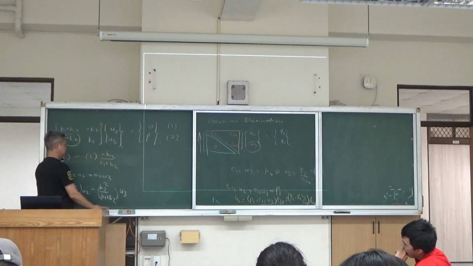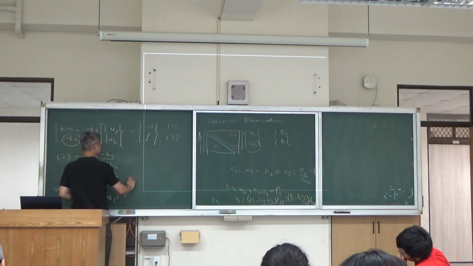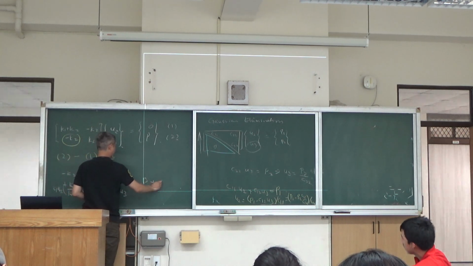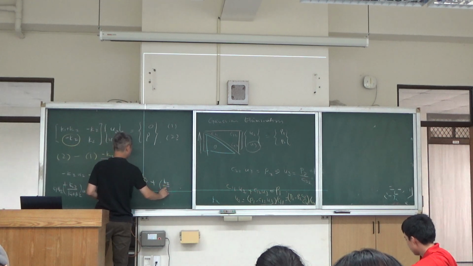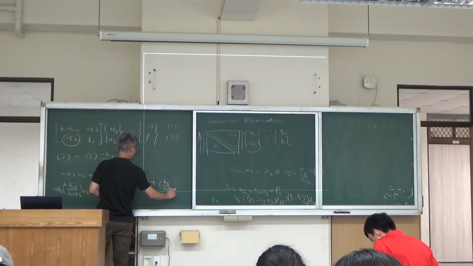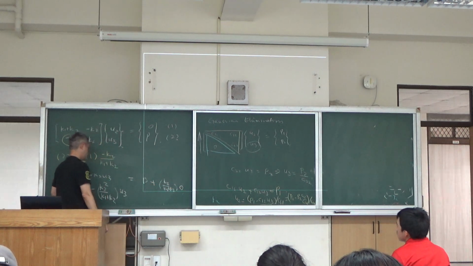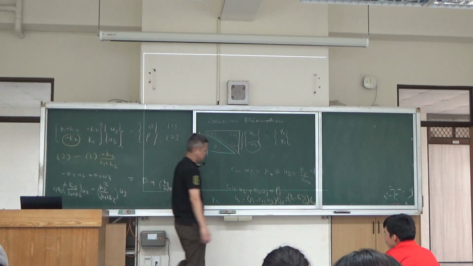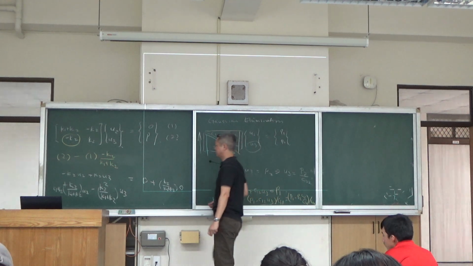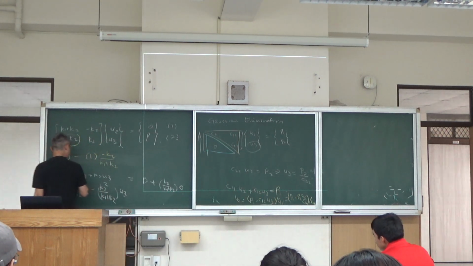In these operations, the right hand side is P plus whatever you multiply, which is k2 divided by k1 plus k2 times 0. So the first term is going to cancel out. This is on purpose.